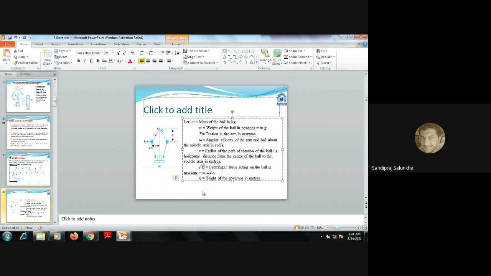F suffix C is the centrifugal force acting on the ball. That is m r omega square.